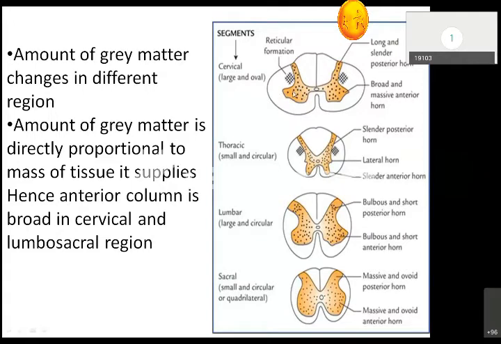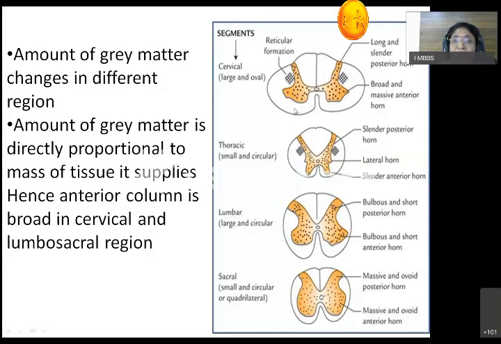This is because we have also seen in the external features of the spinal cord that there is enlargement of the spinal cord in the cervical and lumbosacral regions. From the cervical region the motor nerves arise and supply the upper extremity, and from the lumbosacral region the motor nerves arise and supply the lower extremity along with the lower girdle.